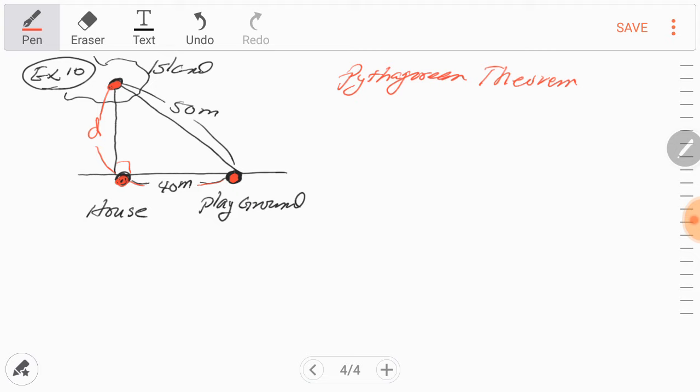The hypotenuse is here. Let's say this is A, B, C. Then C squared is equal to A squared plus B squared, the sum of the squares of the other two legs. So the hypotenuse squared is equal to A squared plus B squared. So that's the formula. So we can use the formula to write an equation.